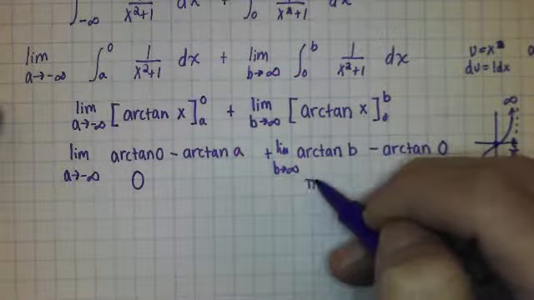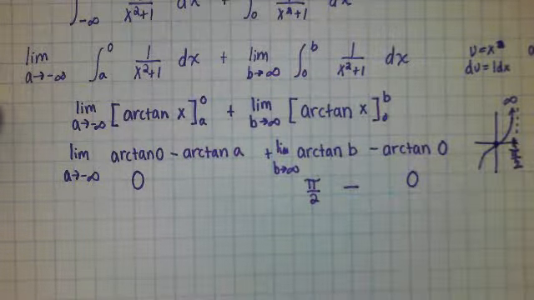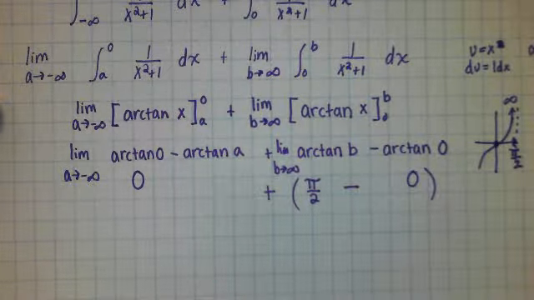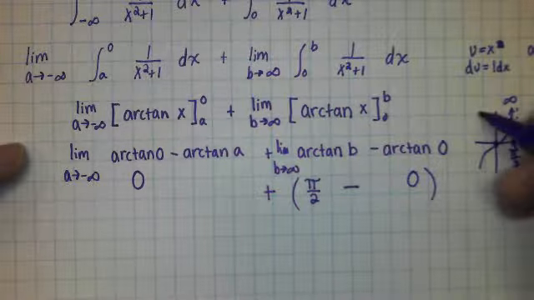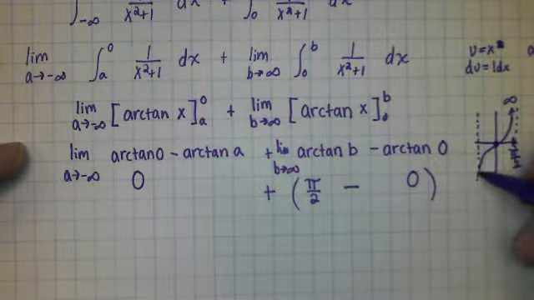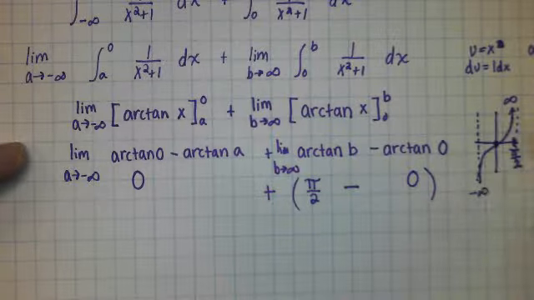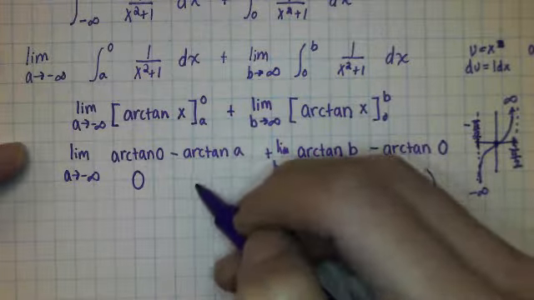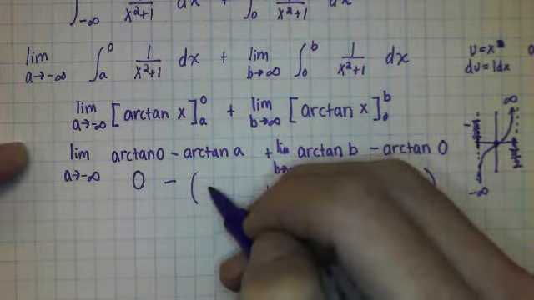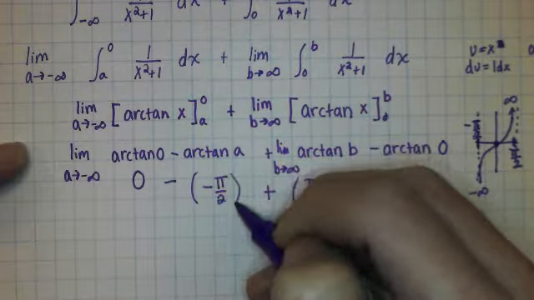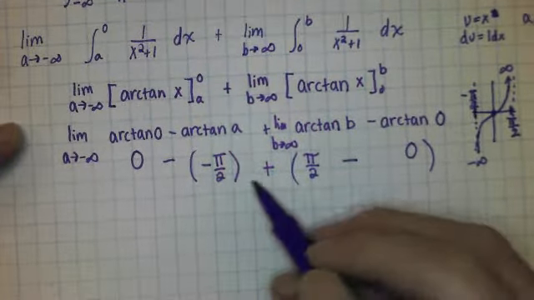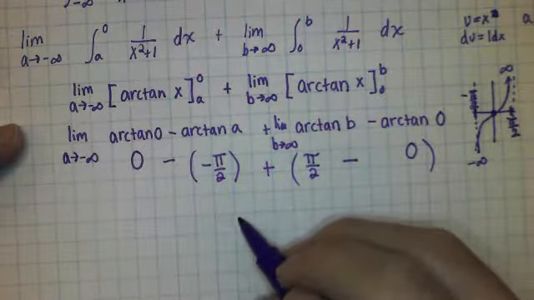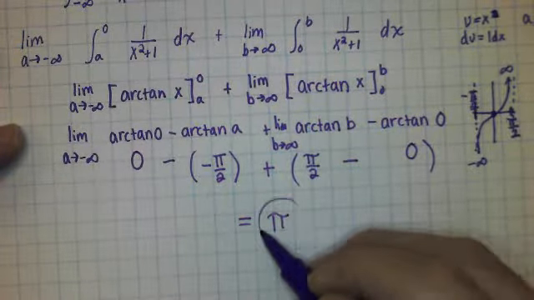So this part of the limit here will evaluate as pi over 2, plus if we take a look at the other side here, when does the tangent function go to negative infinity? That will occur at this angle measurement, which is negative pi over 2. So this will be minus my arctan of negative infinity, which is negative pi over 2. So when we go ahead and evaluate this, this double negative will become a positive. A half pi and a half pi will equal 1 whole pi.